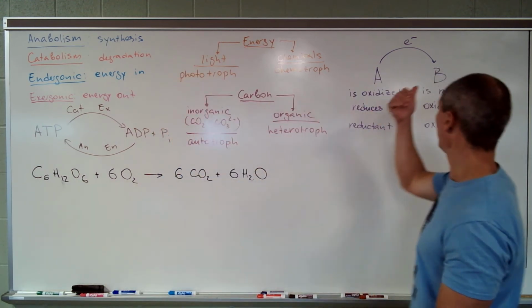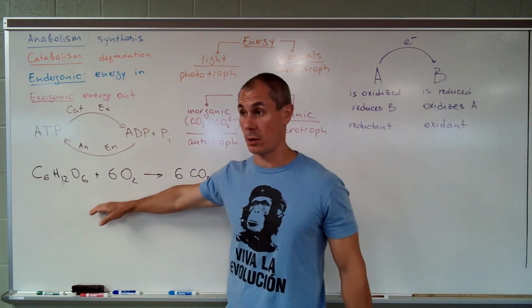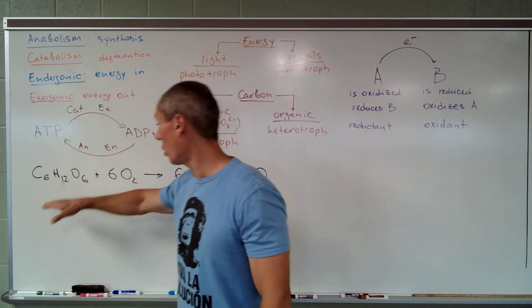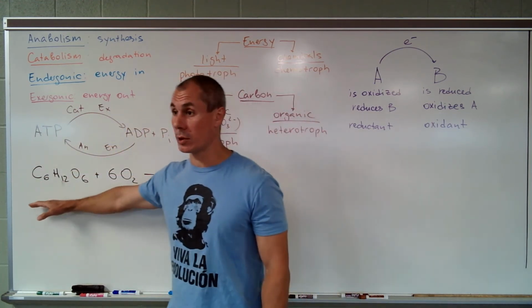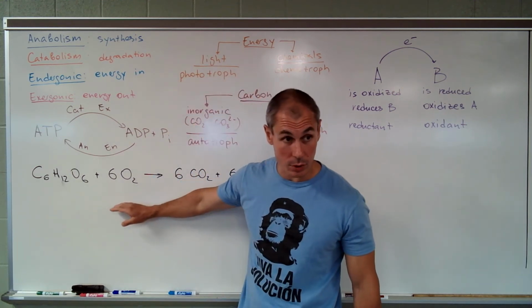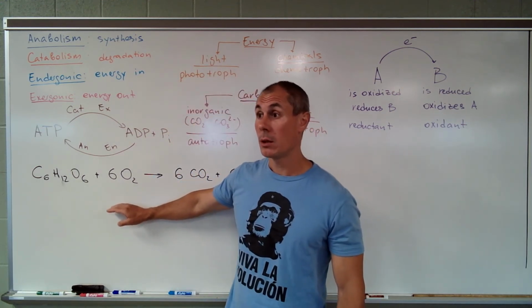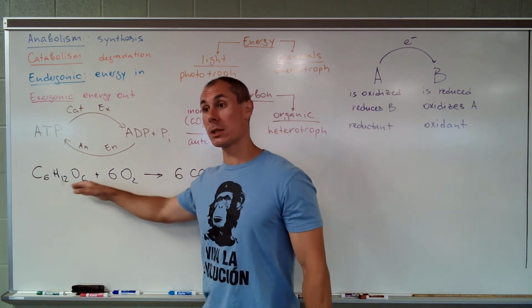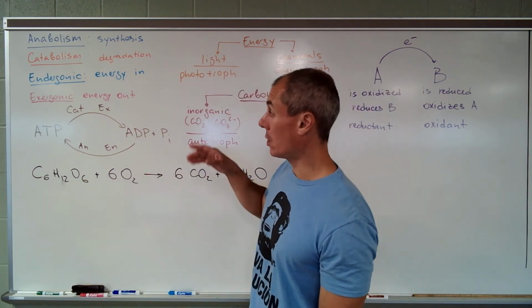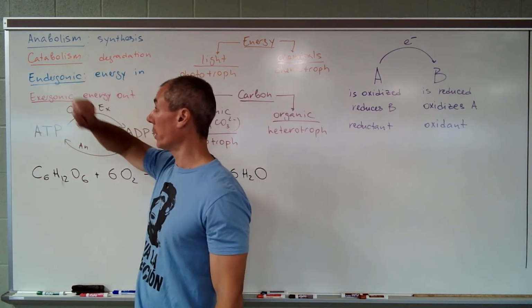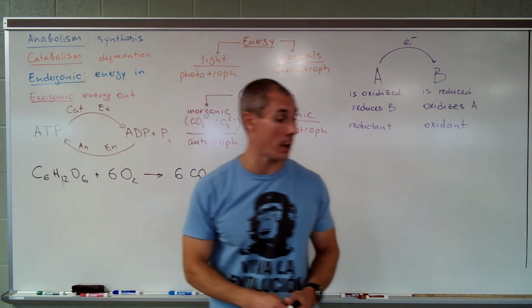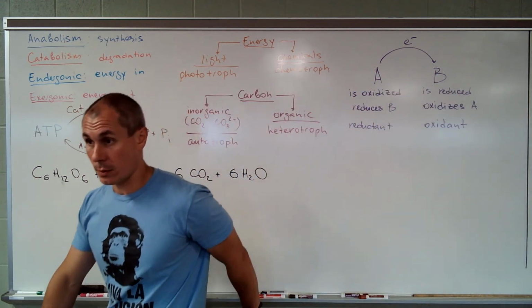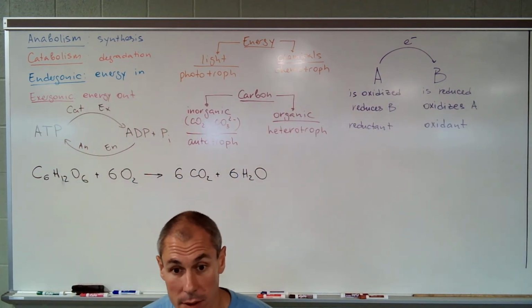The role of molecule B is assigned to oxygen. So electrons from glucose go to the oxygen. Glucose is oxidized. Oxygen is reduced. This is the catabolic reaction, glucose catabolism. And as we mentioned before, catabolic reactions are usually exergonic. So as the result of this reaction, energy is produced. Does that make sense?